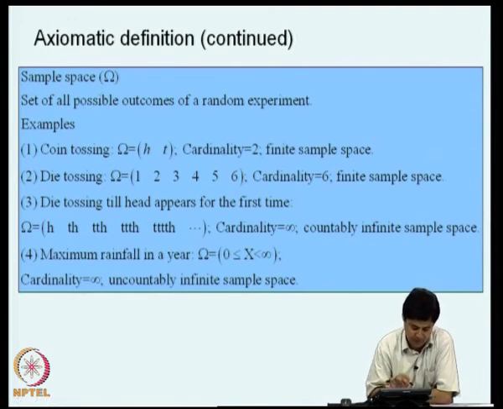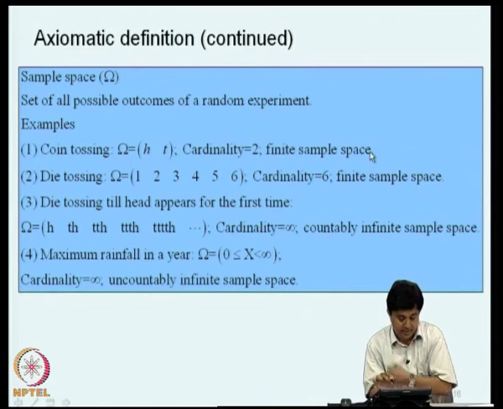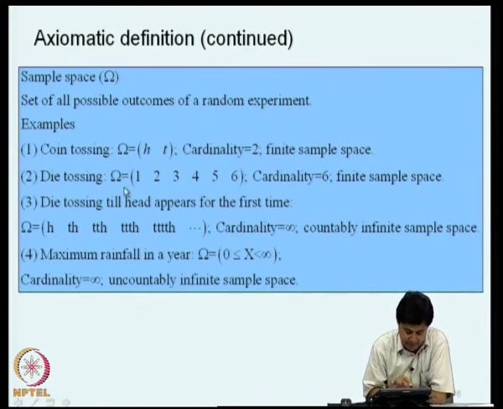Again, a few examples: you toss a coin, there are two outcomes, head or tail, and we say that the sample space consists of head and tail. The number of elements here is the cardinality of this set, here it is 2, and we say that the sample space in this case is a finite sample space. Similarly, in a die tossing experiment there are 6 outcomes, the cardinality is 6, and this again is a finite sample space.